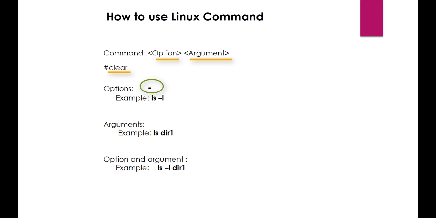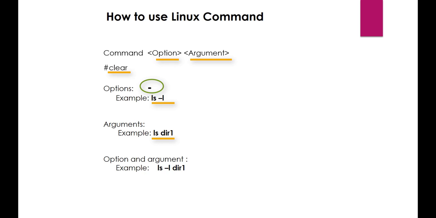Below is an example where we used an option -l with the ls command, which is going to display all the files and directories in the current directory in a long listing mode. An example for an argument is ls space dir1, where dir1 is a directory name.